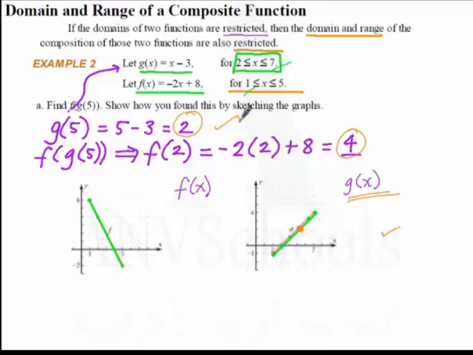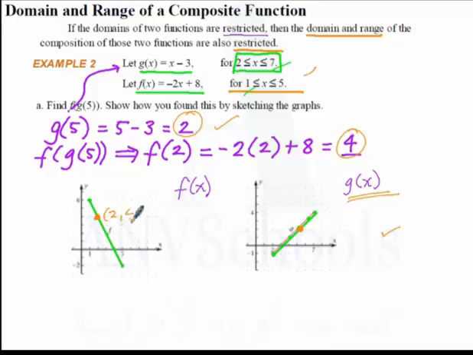And we need f of 2, which is still in the domain of f of x, because our domain is from 1 to 5. So we still have f of 2. And our f of 2 here would be here: 1, 2, 3, 4. So f of 2 is equal to 4.